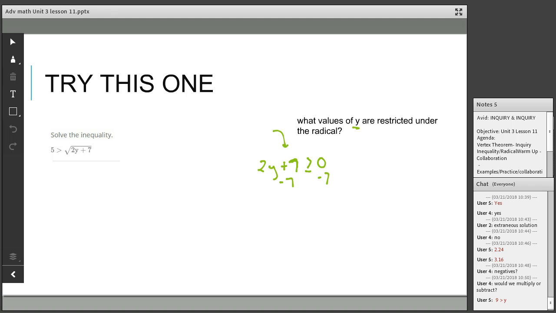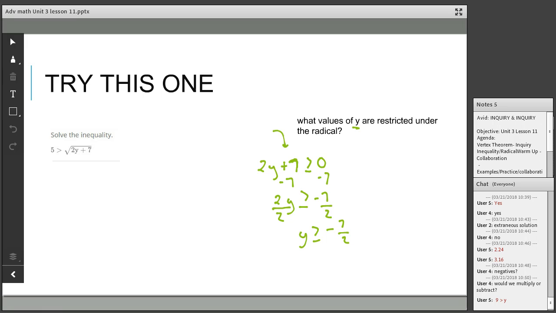You would do both, Shannon. The first thing we'd want to do is subtract 7. So we'd end up with 2y is greater than or equal to negative 7. Then we're going to divide by 2. We're not adding, it's 2 times y, so to get rid of the 2, we have to divide.